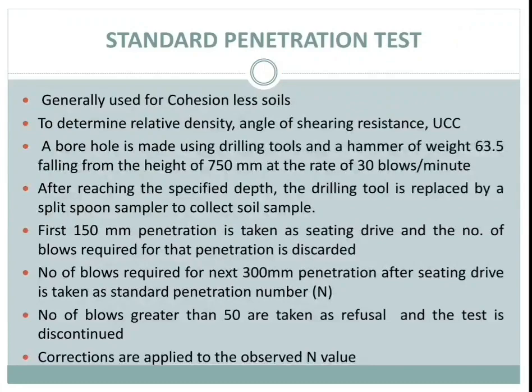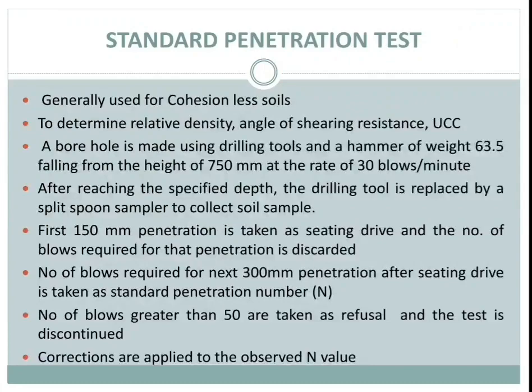First, we have to create a borehole using a drilling tool, and a hammer of certain weight is dropped from a certain height at the rate of 30 blows per minute. After reaching the specific depth, the drilling tool is replaced by a split spoon sampler to collect the soil sample. The first 150 mm penetration is taken as seating drive, and the number of blows required for it is discarded.